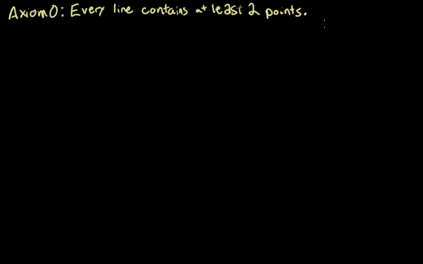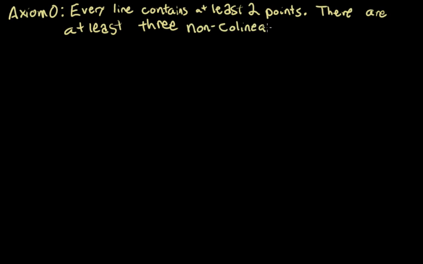an axiom. So the second statement that we're going to include in this axiom is that there are at least 3 non-collinear points. I'm going to abbreviate points as PTS because that's a word I'll be writing a lot.